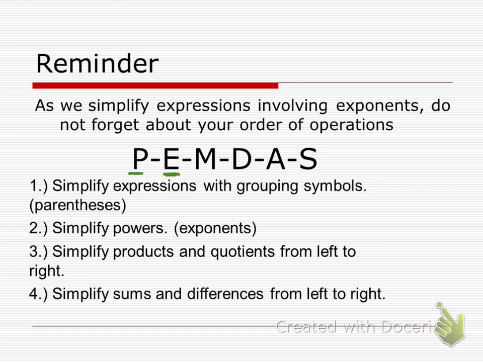So remember, products are multiplication problems. Quotients are division problems. That's where we get the MD. And the last thing we would do is simplify sums and differences from left to right. Sums being addition problems, differences, subtraction problems.